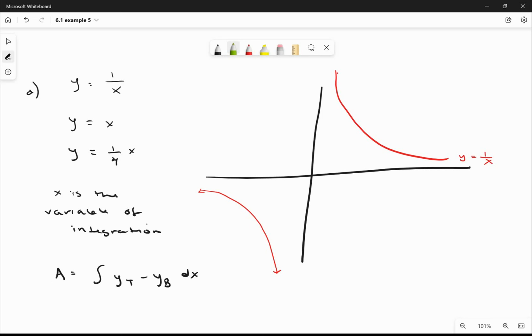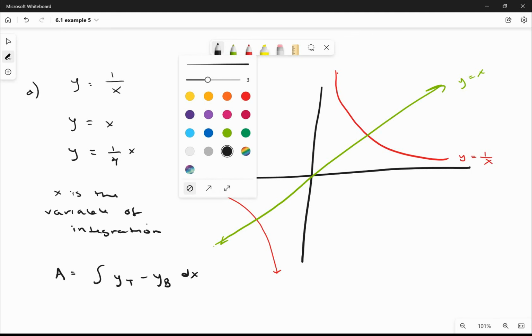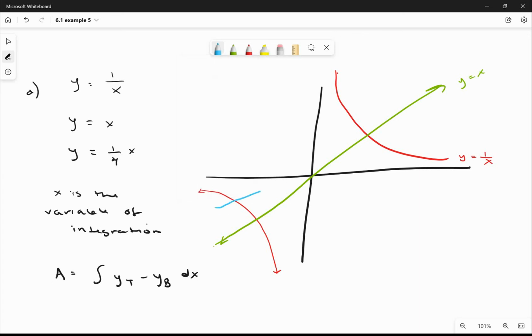And then we have the curve y equals x, which is just our diagonal line. And then the line y equals 1/4 x. We'll do that in blue. That's just another line, and it has a lower positive slope. It looks like this.